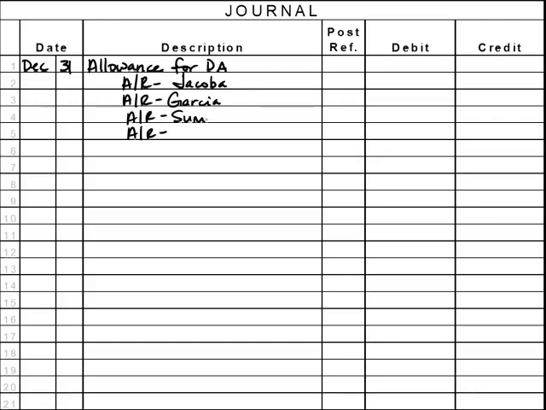Each of these credits will clear out their balance. And 1,800. We add all those up and we get 19,090.